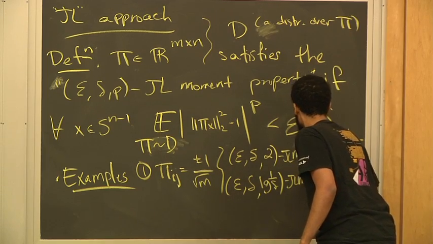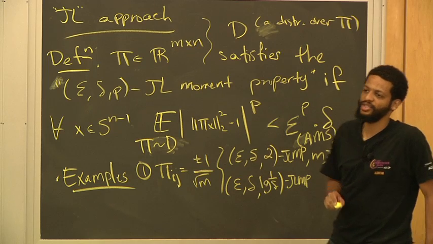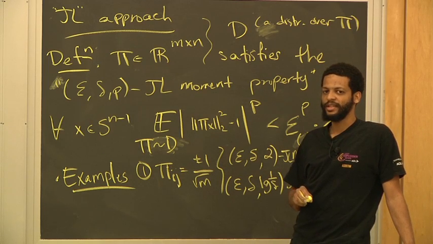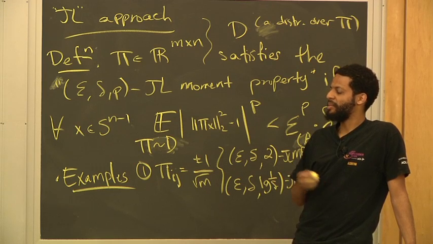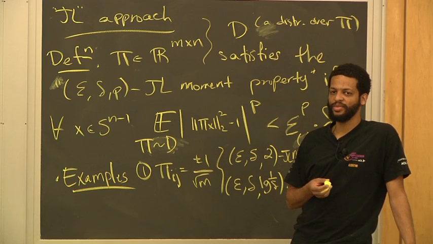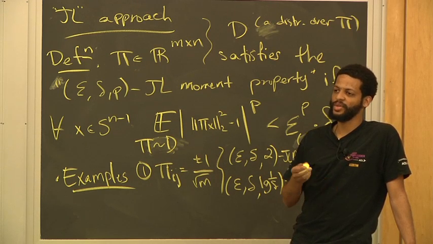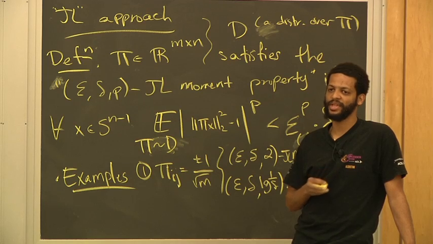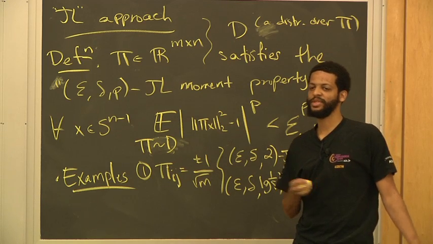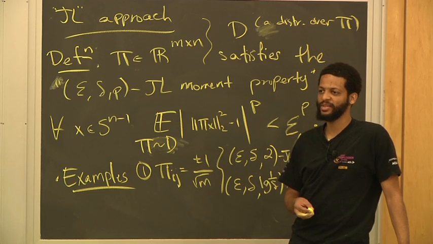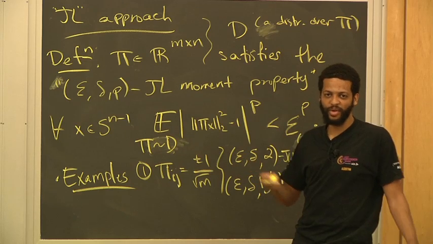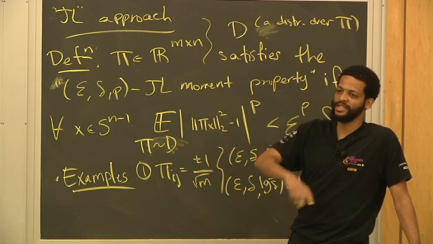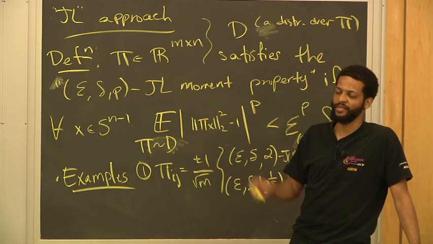One way to see that is, if you remember how we analyzed JL with Hanson-Wright, we showed that the probability that you deviate by more than epsilon was at most e to the minus epsilon squared m plus e to the minus epsilon m, which is a mix of Gaussian and exponential tail bounds. By problem set 1, problem 1, that corresponds to using the right moment to get the right failure probability.